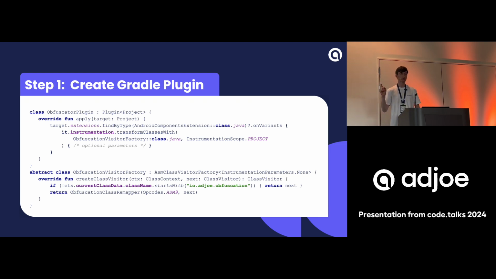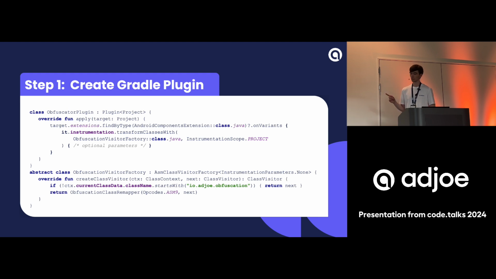This is important. This makes sure that I apply the obfuscation only on classes that are inside my namespace, because otherwise I would end up obfuscating the whole application, which includes system libraries and third-party libraries, and this would just break it. So we have to restrict ourselves to our own namespace.